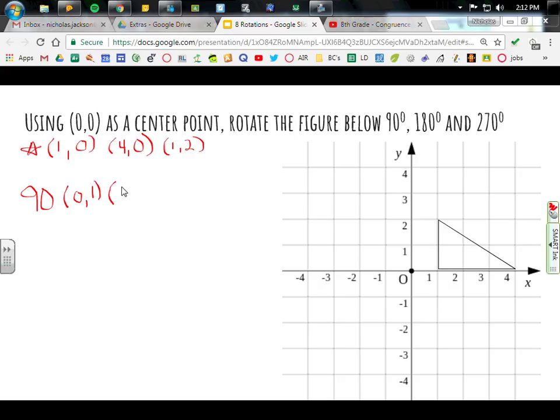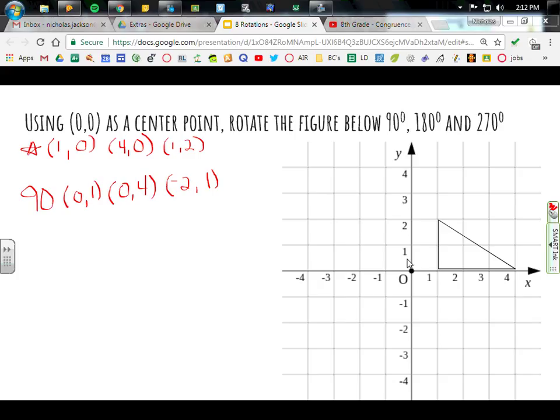This next point, the same thing is going to happen. When we flip-flop our x and our y, again, we can't have a negative 0. But with this point, when we flip-flop our x and our y, x can now become negative. All right, so here are the new points for a 90-degree rotation.